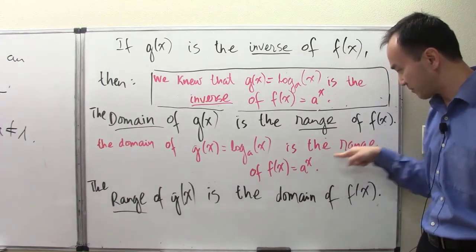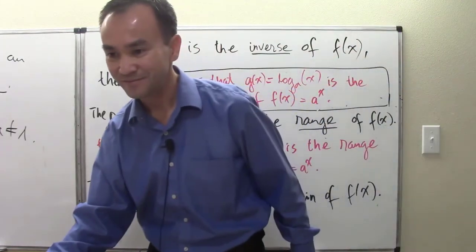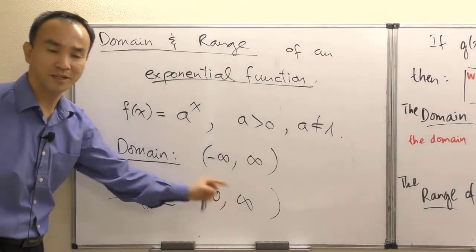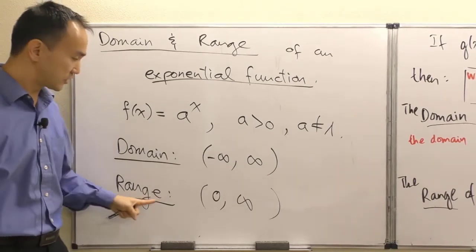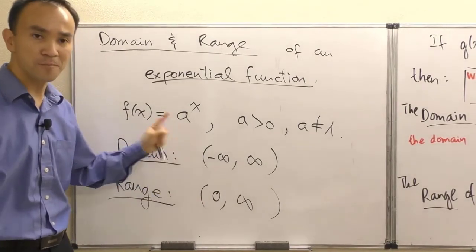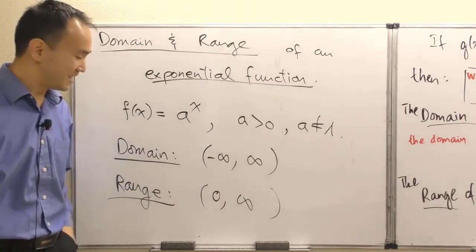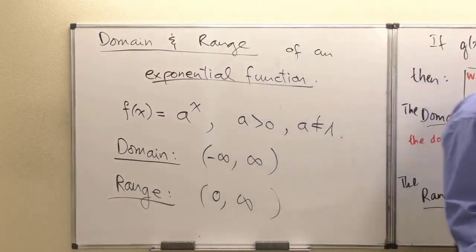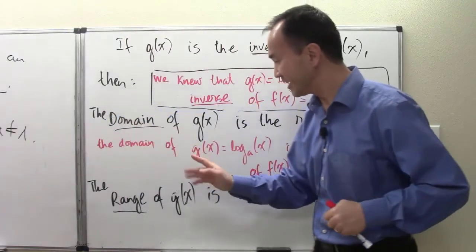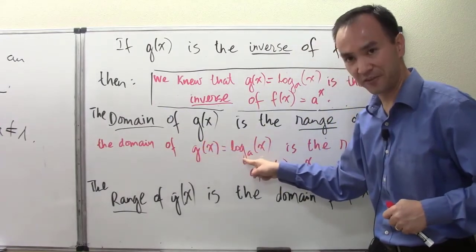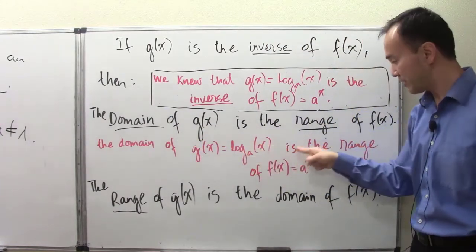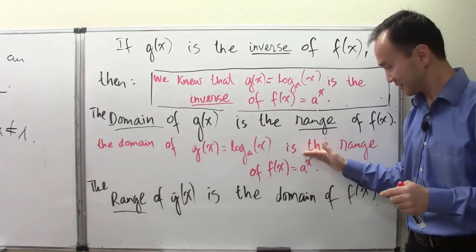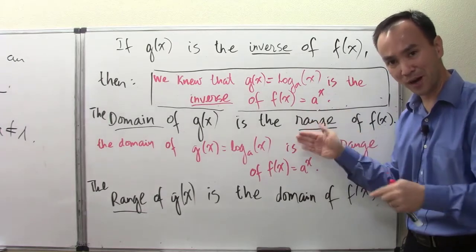Thus, the range of this f of x right here on my board is 0 to infinity. Now if we're looking at the domain of a logarithmic function, the domain of any logarithmic function is the range of an a to the x. That is, in this case, between 0 and positive infinity.